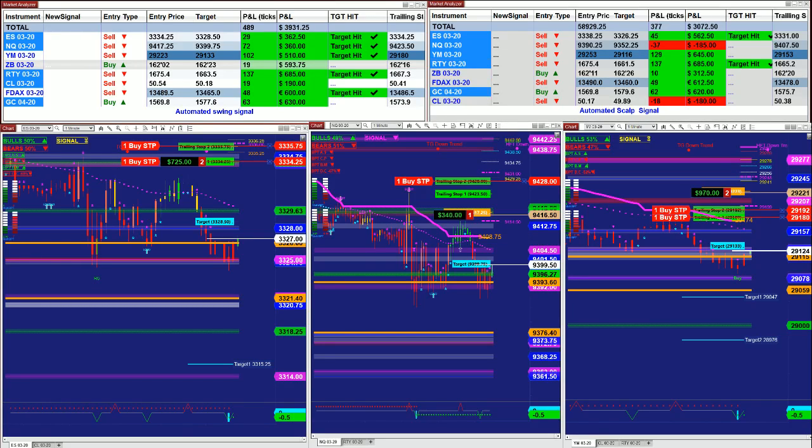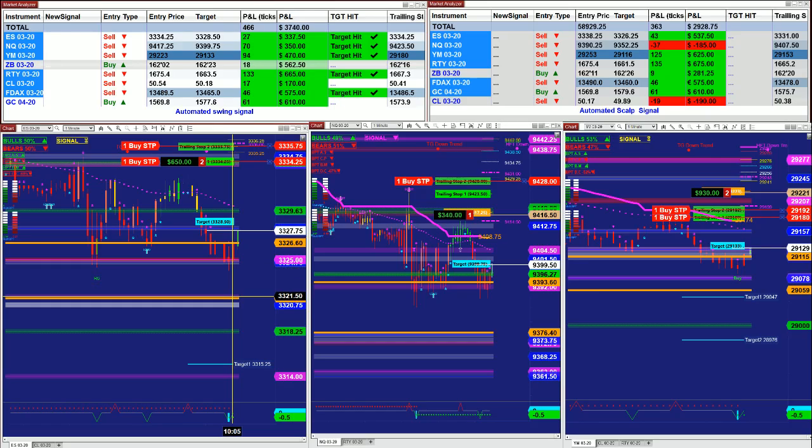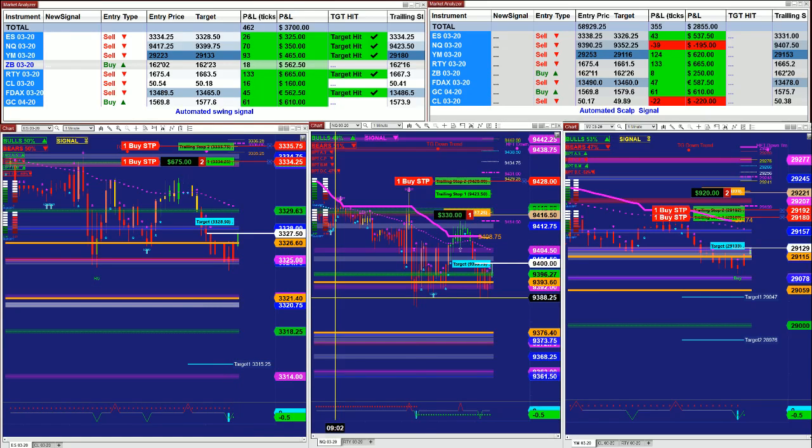And now because we came into the support area, there is a pullback on the support area. But if we break the 33.2475, we're going back to the 33.21.